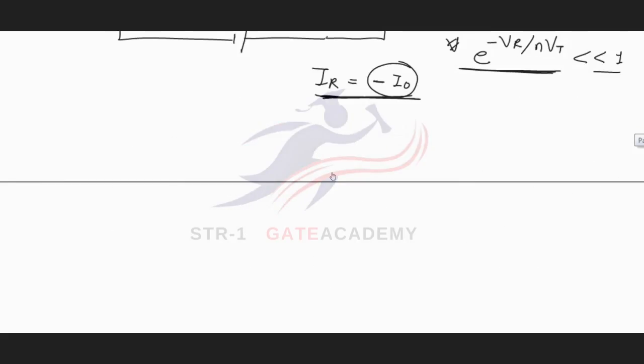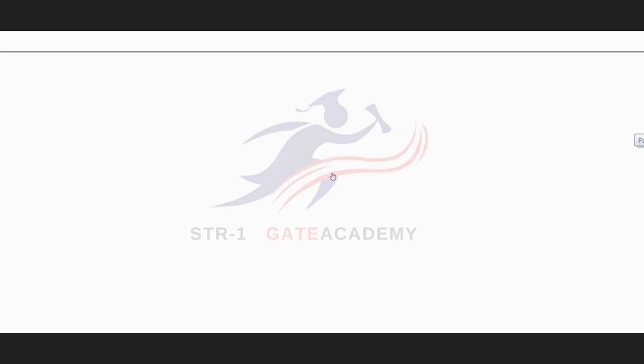The forward current equation, actually I gave equation which was approximated. The actual current equation for forward current is IF equal to I naught into e raised to power Vd upon eta Vt minus 1. Here this part is positive.